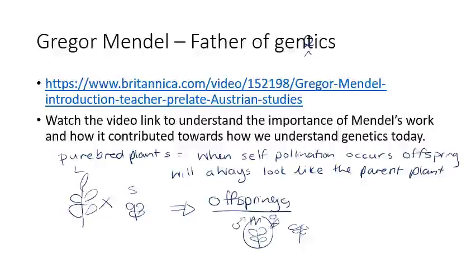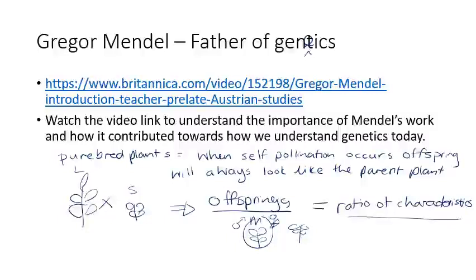When it self-pollinated itself, it ended up bringing out a certain ratio of characteristics. And depending on the type of cross that happened, that ratio changed. We're going to look at those ratios, understand them, and predict them from specific crosses that we do.